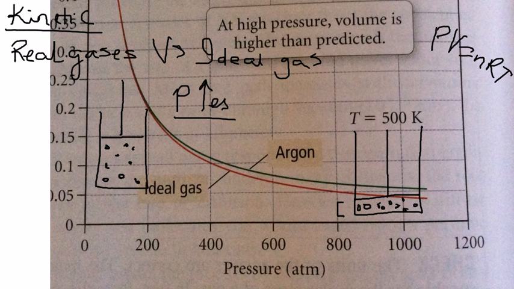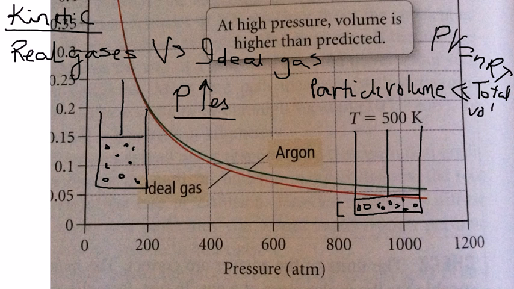So what I want you to do at this point of time is recall that postulate from the kinetic theory of gases, where we said that the particle volume is much less as compared to the total volume of the gas. Basically what that means is that at any given point of time, you can just neglect the particle volume because it's just way too tiny.